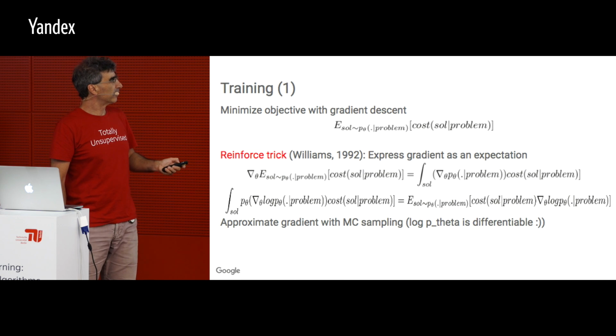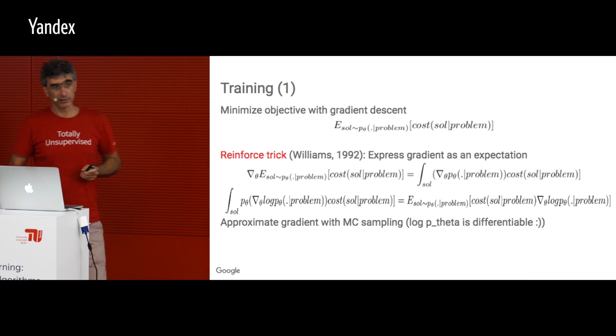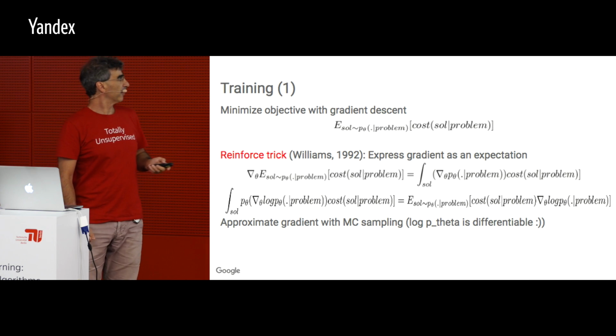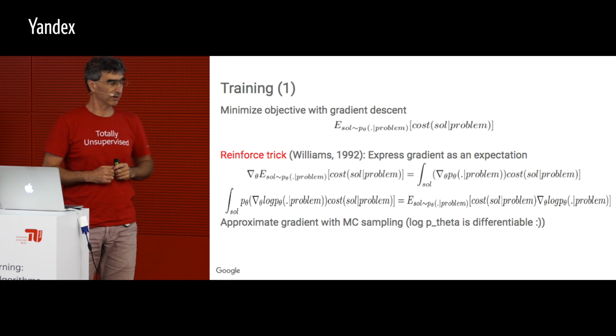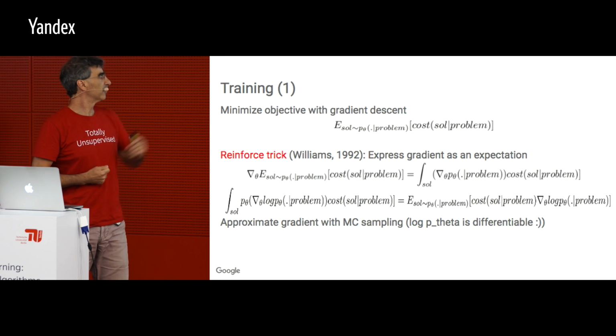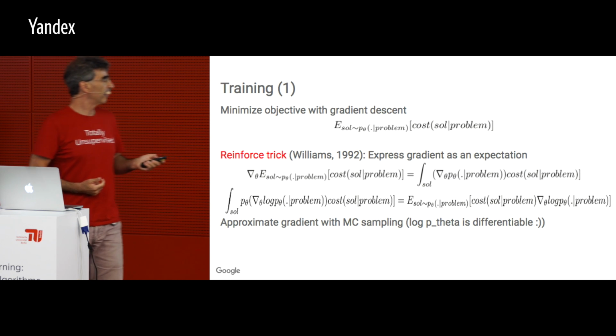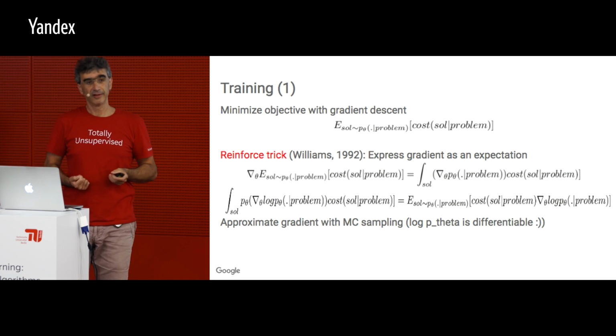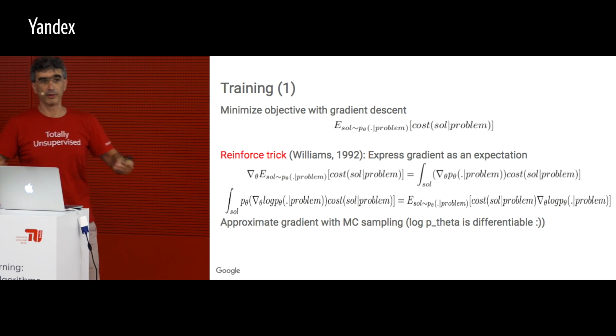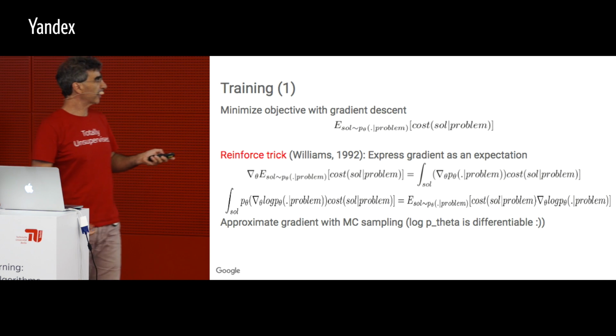It basically says that in order to minimize this, you can just weight by the cost the gradient of the log of the probability of the solution, and if you do this, you are going to actually minimize the cost of the next solution. So that's great. The problem is that this gradient has a lot of variance, because most of the time the cost will be infinite or very large, and so it can be very slow to train.